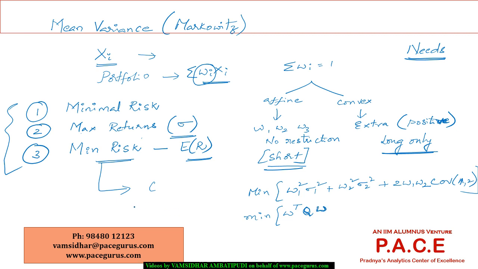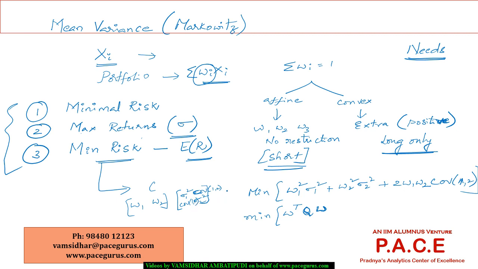So if I talk about weights as W1, W2, right? Then I am talking about a covariance matrix, the variance covariance matrix. So in this case here it becomes sigma 1 squared, sigma 2 squared. These are the variances. Then covariance between 1 and 2, covariance between 1 and 2.